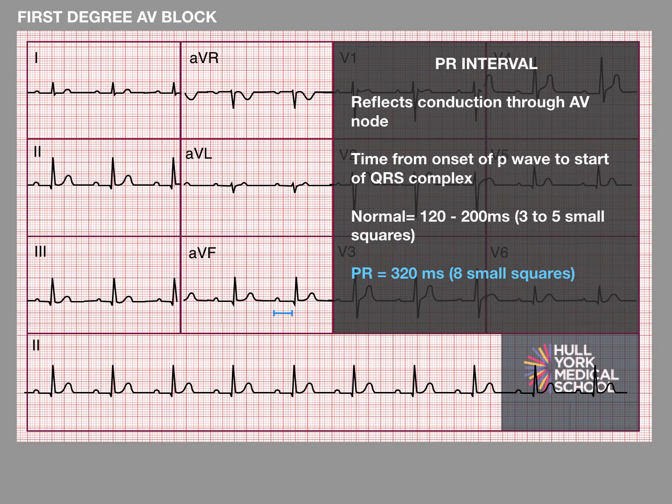Normally this interval is 120 to 200 milliseconds long, so that's 3 small squares to 5 small squares. In this example, if you calculated it, the PR interval is 320 milliseconds, so that's 8 small squares long. So this PR interval is consistently prolonged across the ECG. So this is an example of someone with first degree AV block.